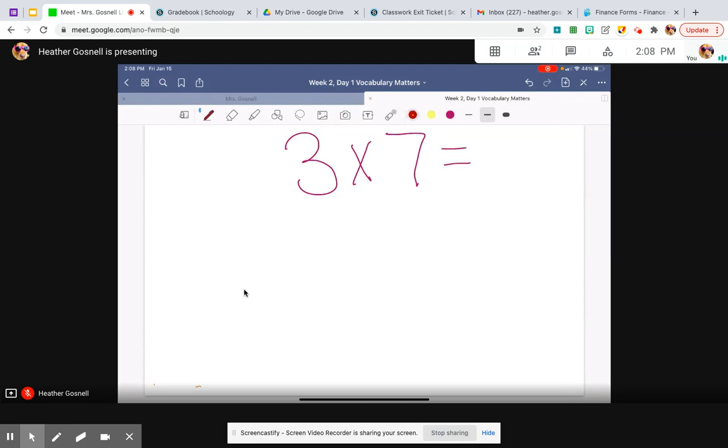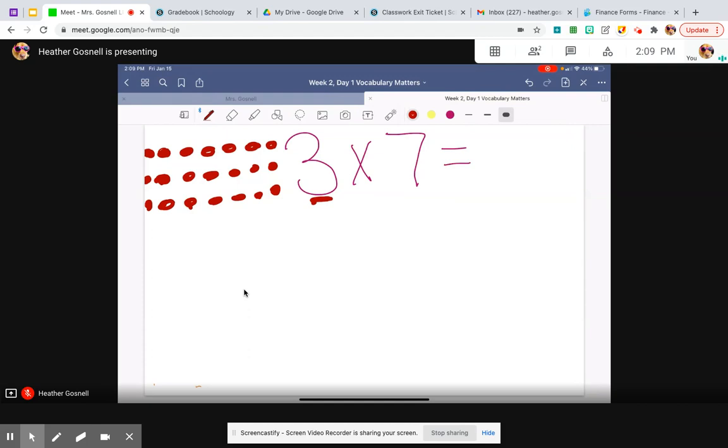So I can model this by making 3 rows of 7. 3 rows going straight across, 1, 2, 3, of 7. 7 in each row. Now that 3 represents the 3 rows.